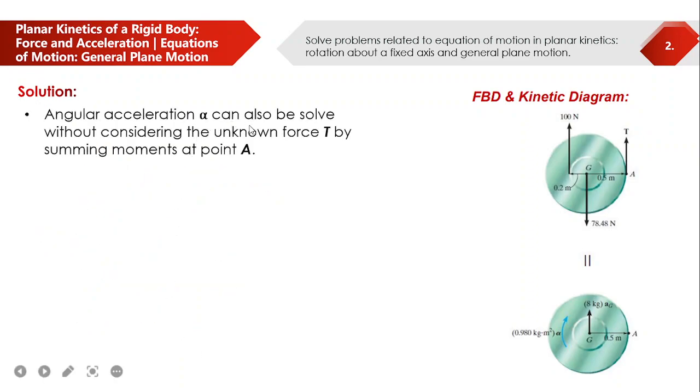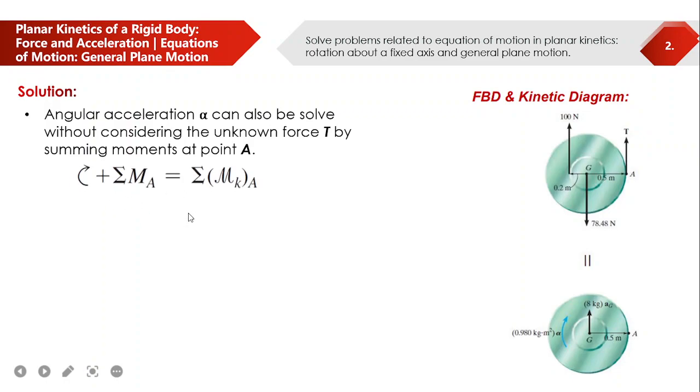Angular acceleration alpha can also be solved without considering the unknown force T by summing the moments at point A. So we have another way of solving this type of problem. We sum the moments at point A, so the tension disappears. The only forces acting on the body are the weight and the 100 Newton.